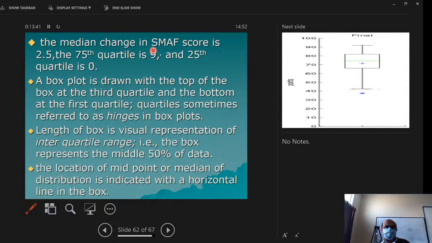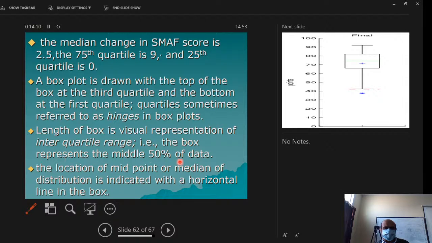The median is 2.5, the 75th percentile is 9, and the 25th percentile is 0. The box plot is drawn with the top of the box at the third quartile and the bottom at the first quartile. I'm just skipping these descriptive things, you can read them.